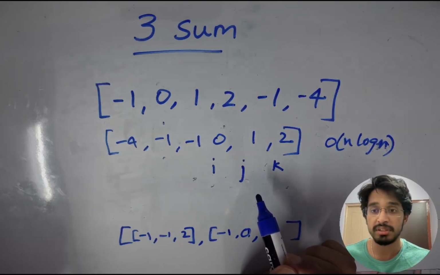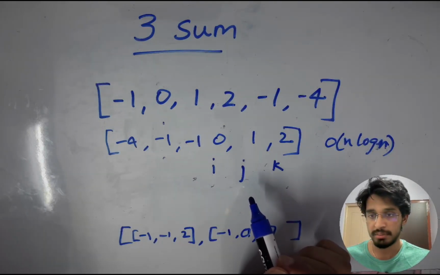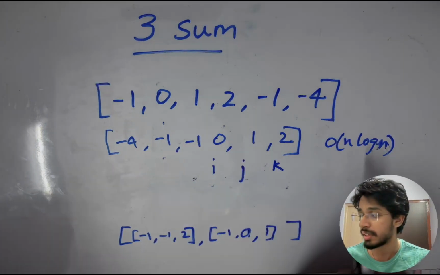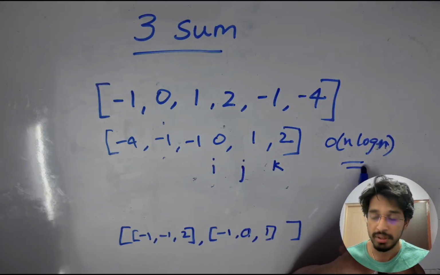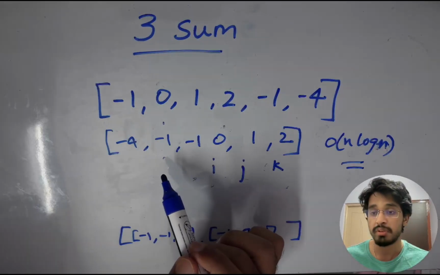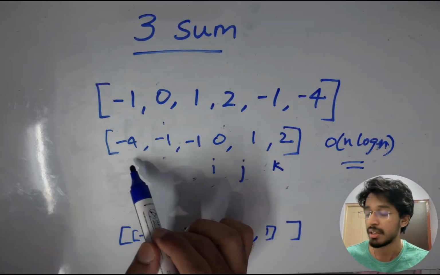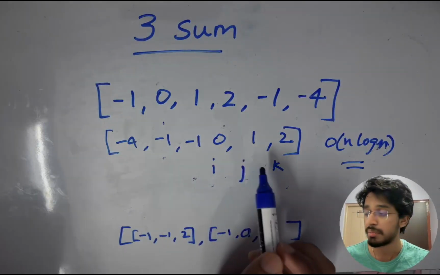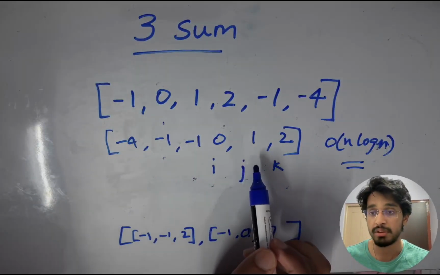As I told you, let me give you a small recap. The first step is to sort the given array, and once the array is sorted, this takes a time complexity of O of n log n. Once we sort this, we just need to convert this to a two sum, considering the I pointer to be the target value, and the rest of the elements to be the actual two sum array.